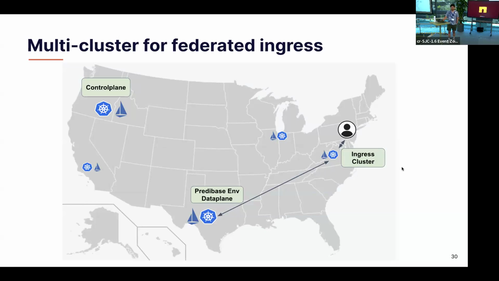Whenever the customer types in serving.predibase.com, it finds the closest AWS data center and routes the request in there, and as a side effect, it'll try to route it to the closest load balancer that we have. If the load balancer is running in a Kubernetes cluster that's close to the customer, then it'll immediately enter our United States-spanning service mesh there, and from there, it can go directly to our data plane.